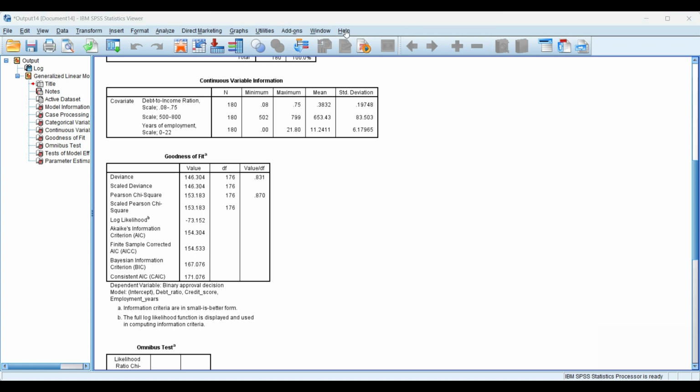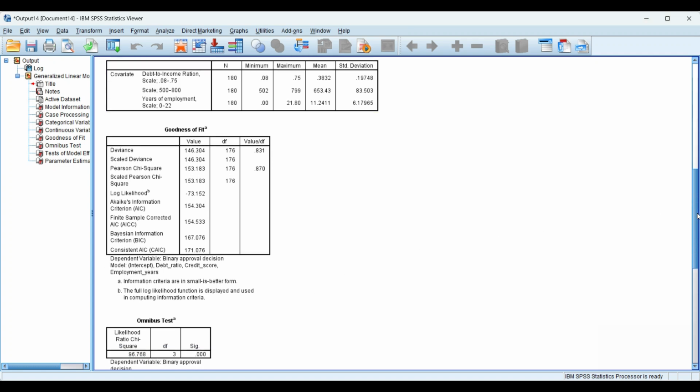So in this case, the deviance to degrees of freedom ratio and chi-square ratio were close to 1. It indicates an acceptable model fit and no evidence of serious overdispersion.